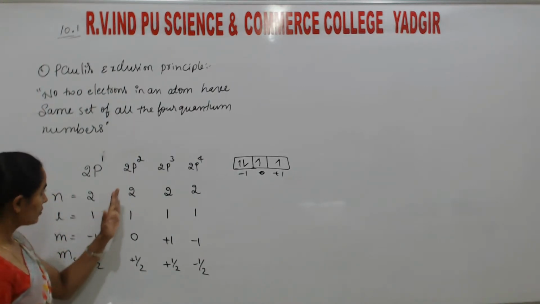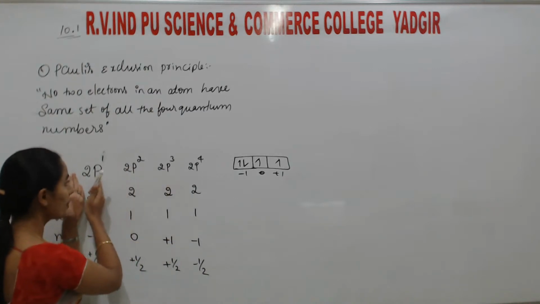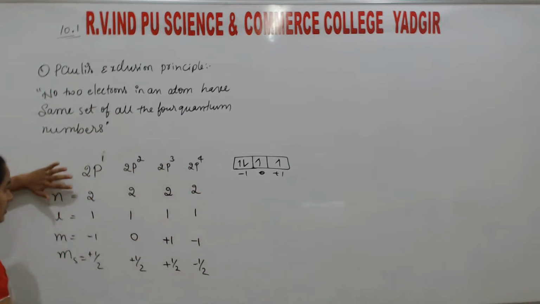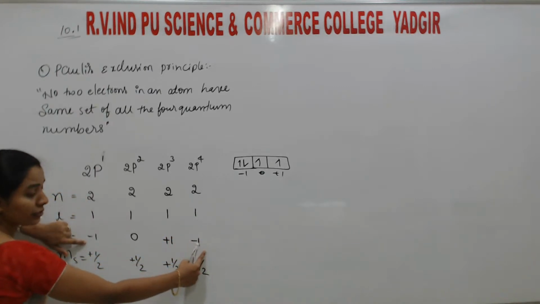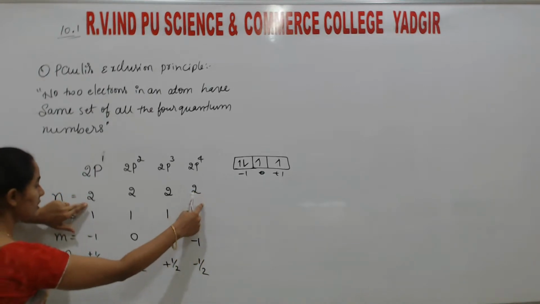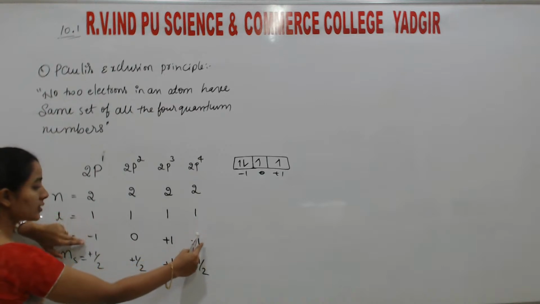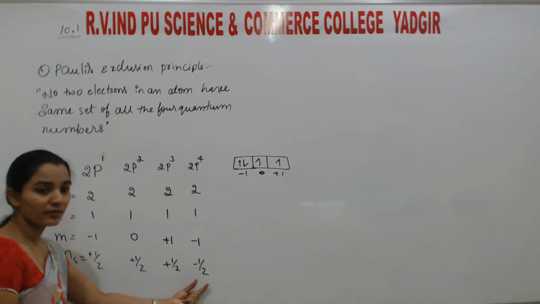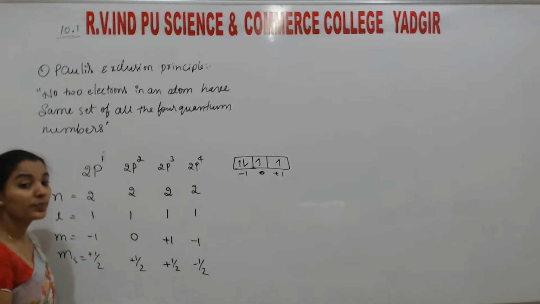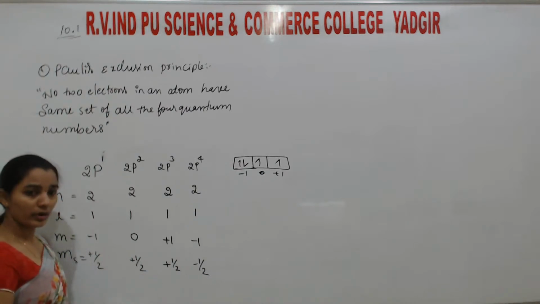So remember, leave these aside and consider 2p1 and 2p4. Among these two, the principal, azimuthal as well as magnetic quantum numbers are the same. But here plus half is there, here minus half is there. There is a difference in spin. This is also a quantum number.